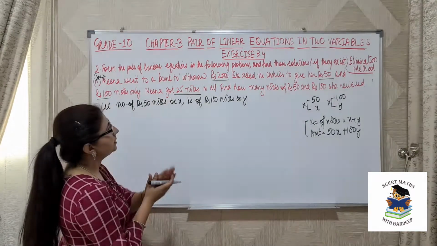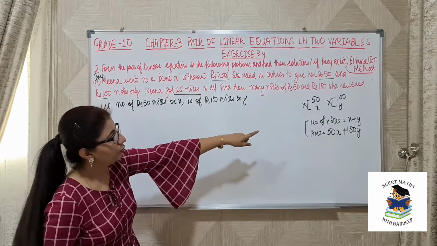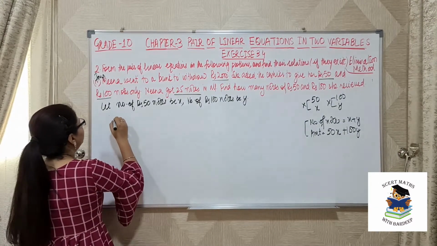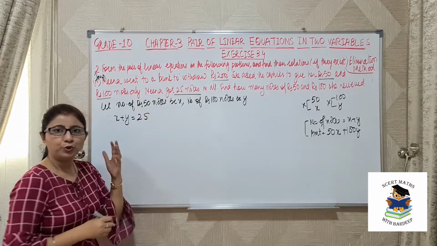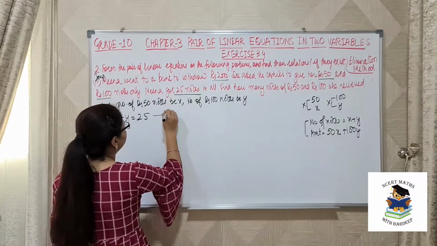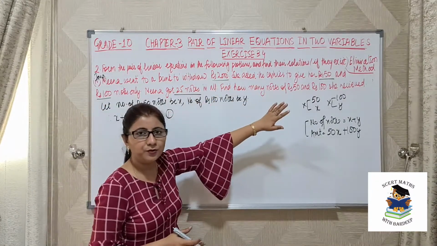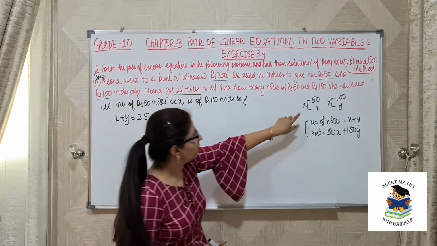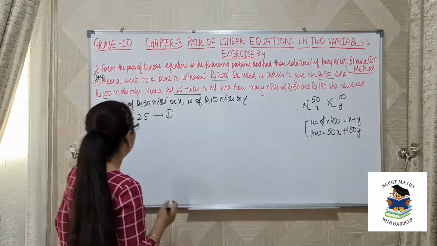So therefore the first thing is, total notes are 25. So total notes are x plus y. So we will write therefore x plus y is equal to 25. So this is my first equation. Second is total amount withdrawn is 2000 rupees. So how to calculate the total money? This we have already done, that is 50 times x plus 100 times y.